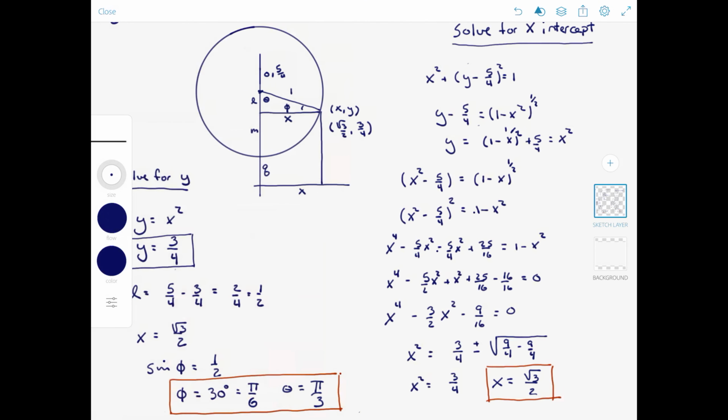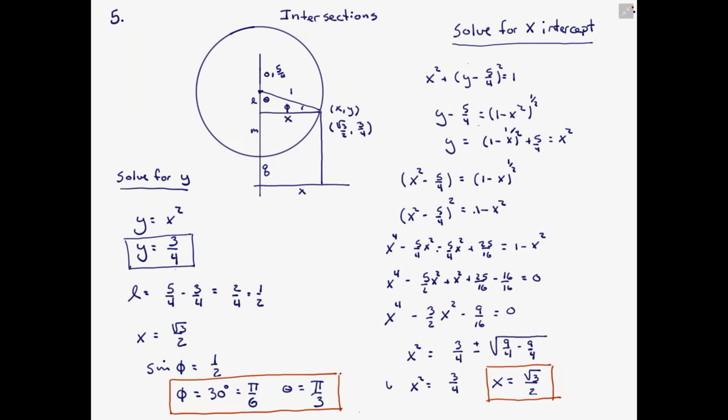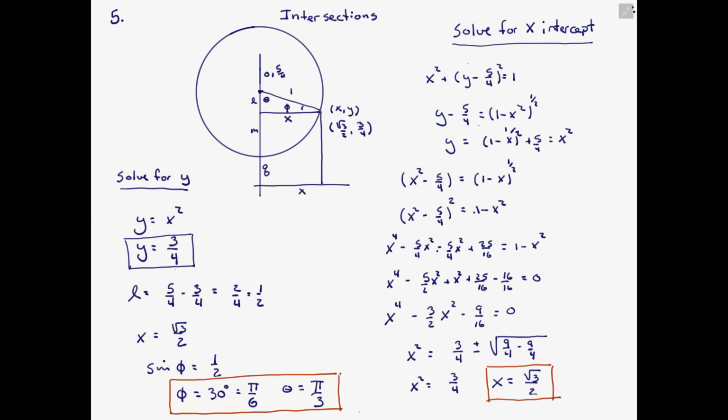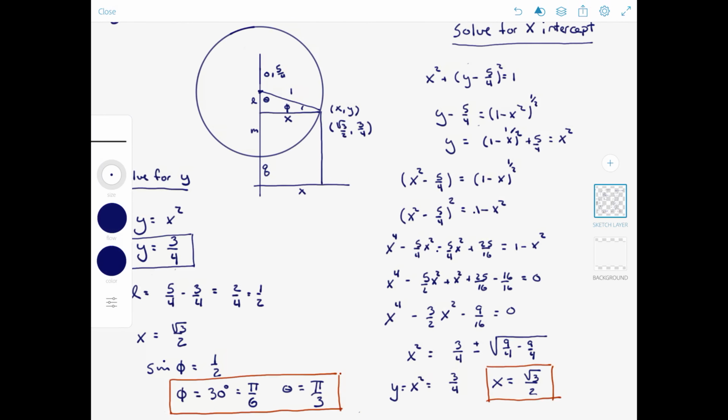And having that, we use 1/2 over 1, which is the sine of phi, and that is 30 degrees. The sine of phi is equal to 1/2, which is 30 degrees, or pi on 6, which leaves us with the other angle being 60 degrees, or pi on 3.